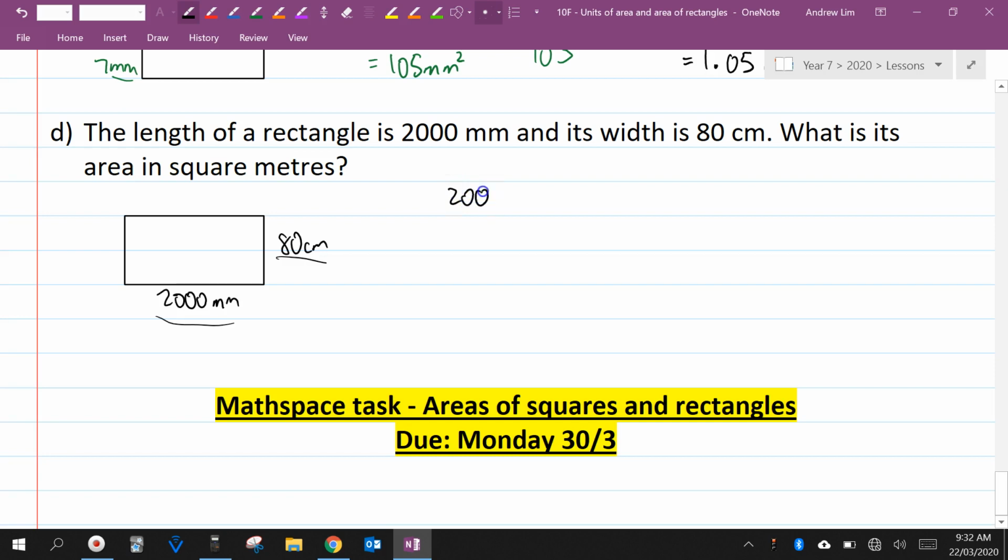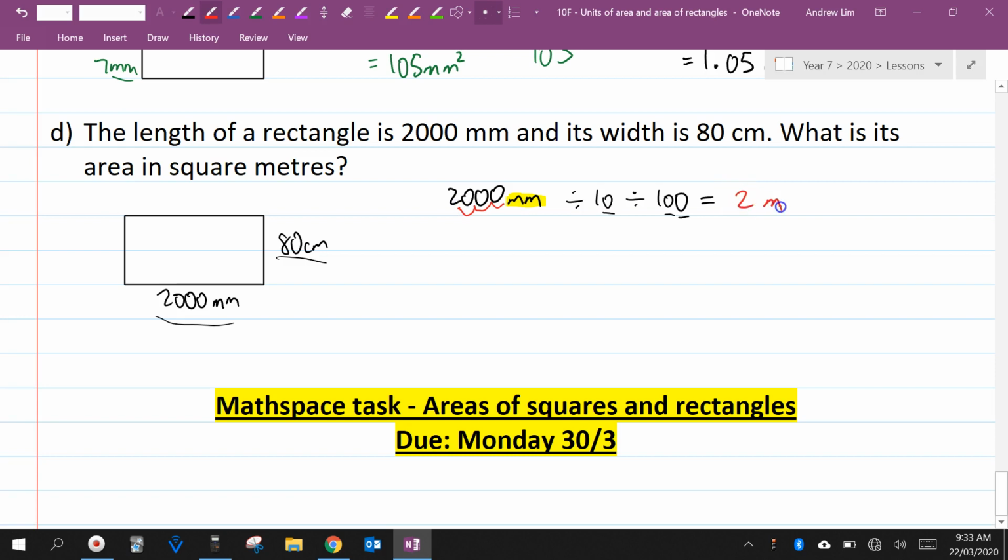So 2,000 millimeters. If we want to convert that into meters, we need to divide it by 10 and then by 100. Remember that this is a length. It is a distance. It's not an area. So we do not divide it by 10 squared or 100 squared. Okay, we just divide by 10 and 100. That will convert it into meters, which means we're moving the decimal to the left 3 times. 1, 2, 3.